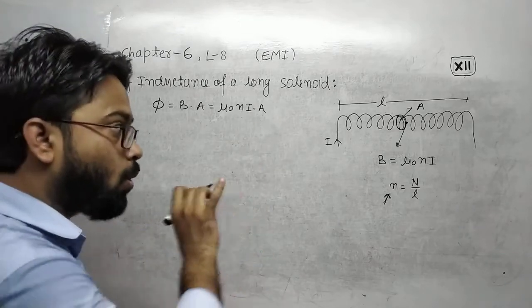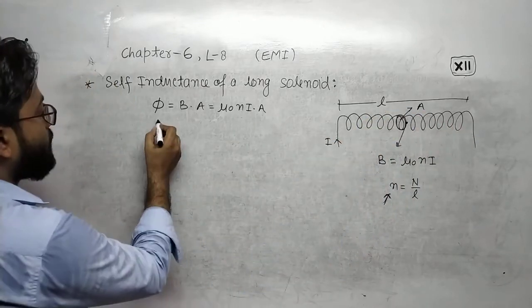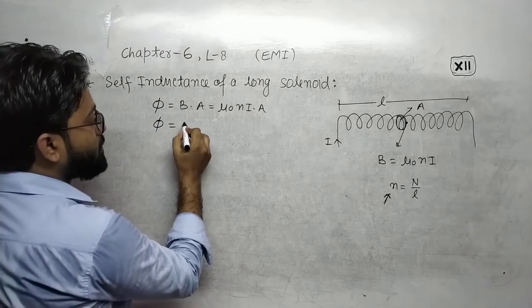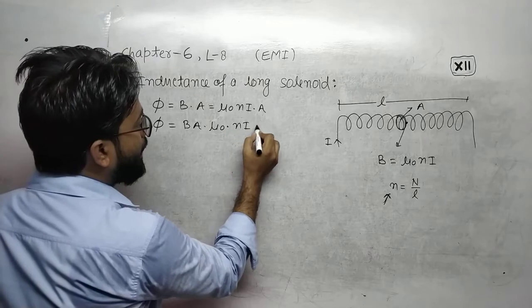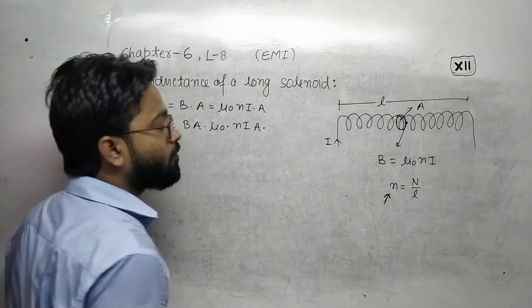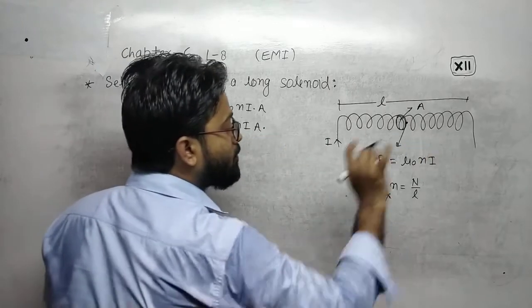What about the total flux? Total flux is equal to BA, mu naught n I A, into the total number of turns.